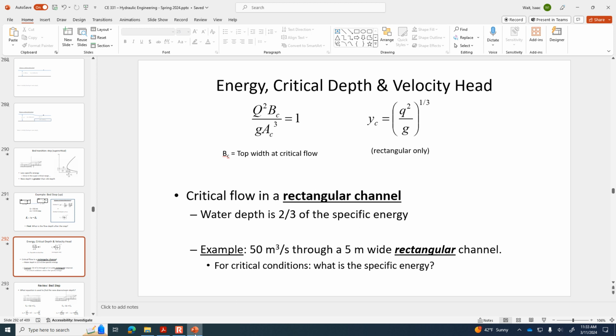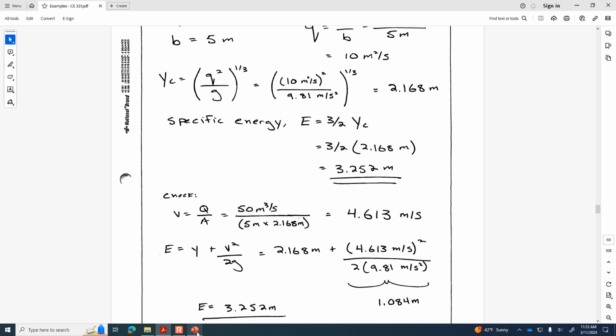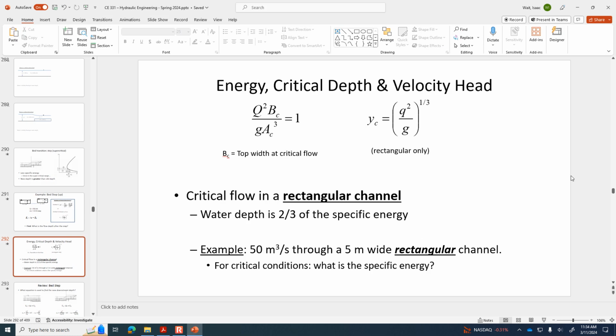Then all you need to do is find the critical depth and multiply it by 3/2 to know what the specific energy is. The reverse is true. So if it's 3/2 times the critical depth to get the specific energy, if you know the specific energy, then you can find the critical depth for a rectangular channel just by multiplying it by 2/3. So we'll use this from time to time, this simplification.